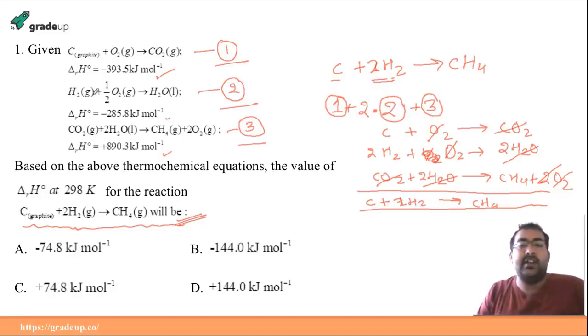The heats of reactions will also be added in the same proportion.